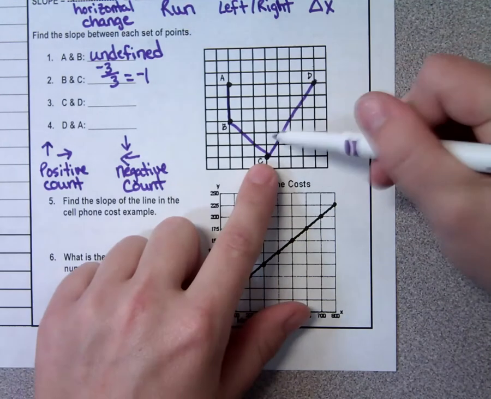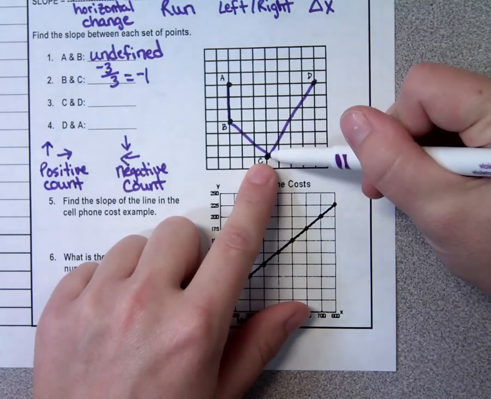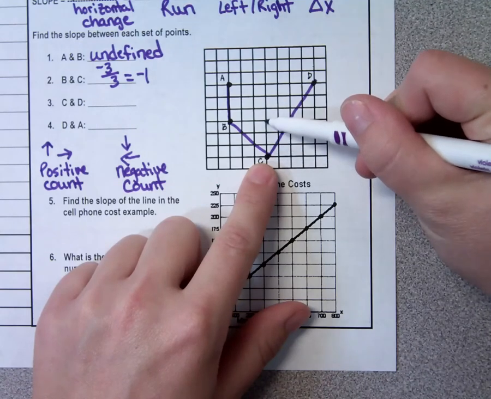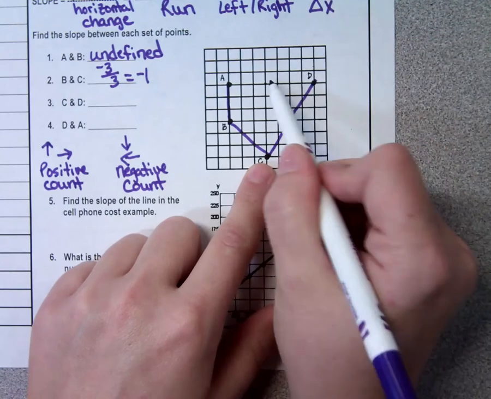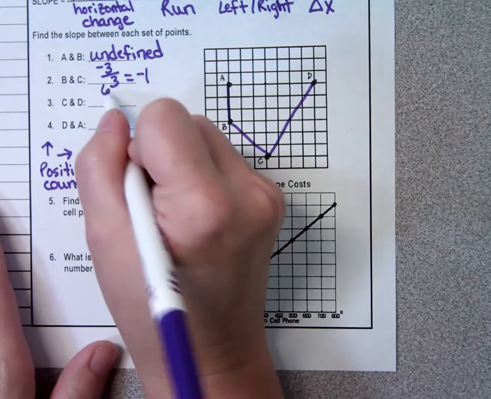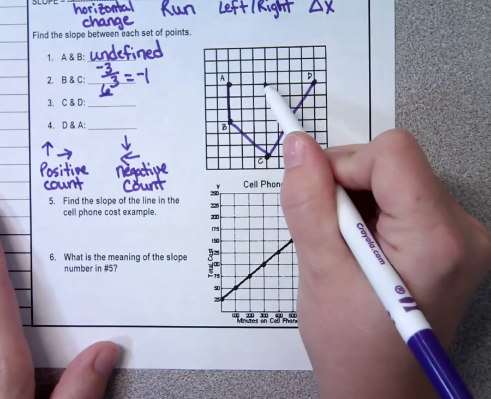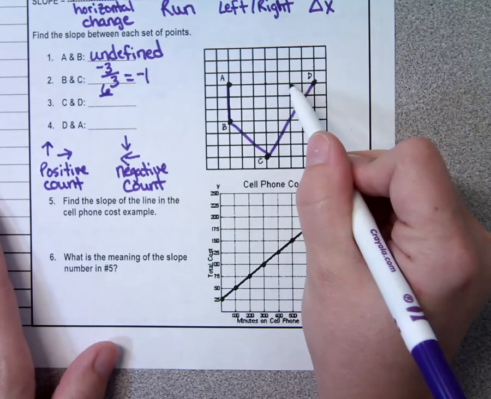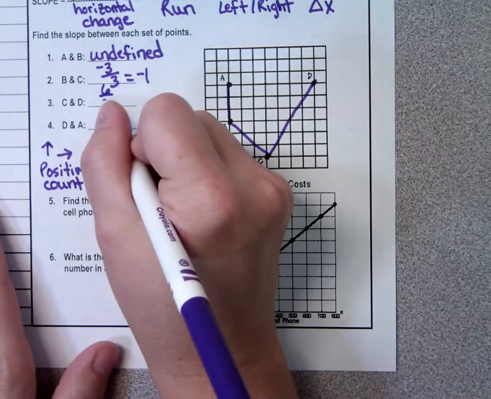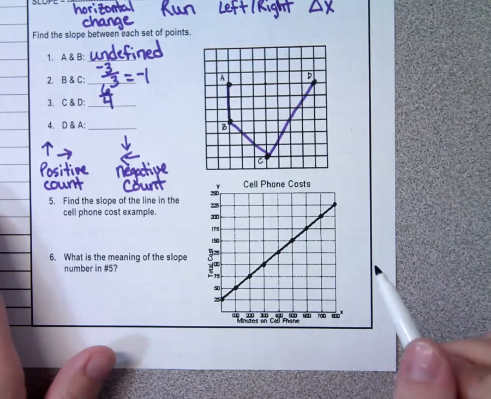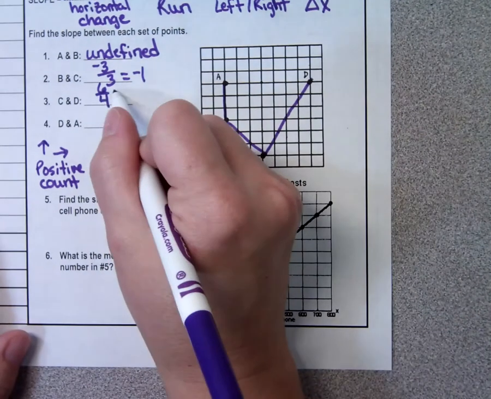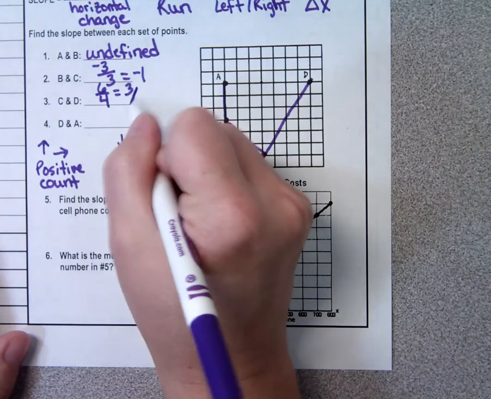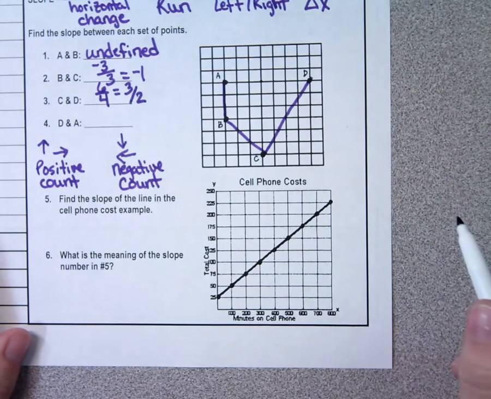This time I rise 1, 2, 3, 4, 5, 6. Since I went up 6, it's a positive 6. After I go up 6, I go right 1, 2, 3, 4, a positive 4. Always, always, always reduce. If I divide both numbers by 2, I get 3 halves, 3 over 2.